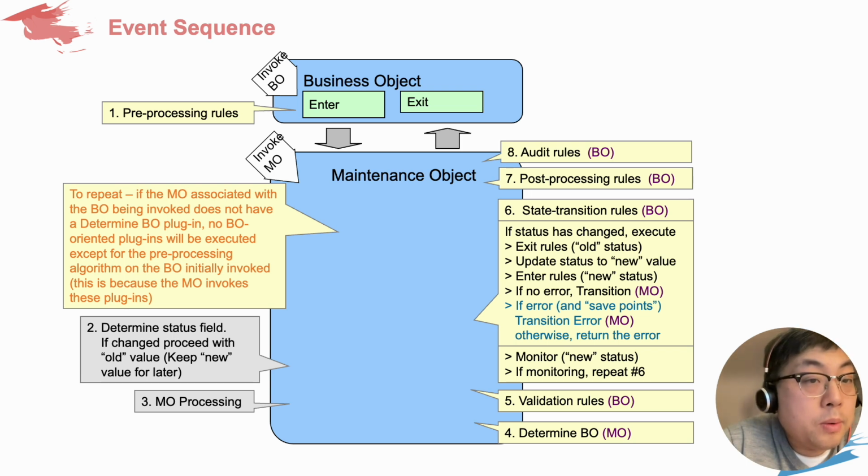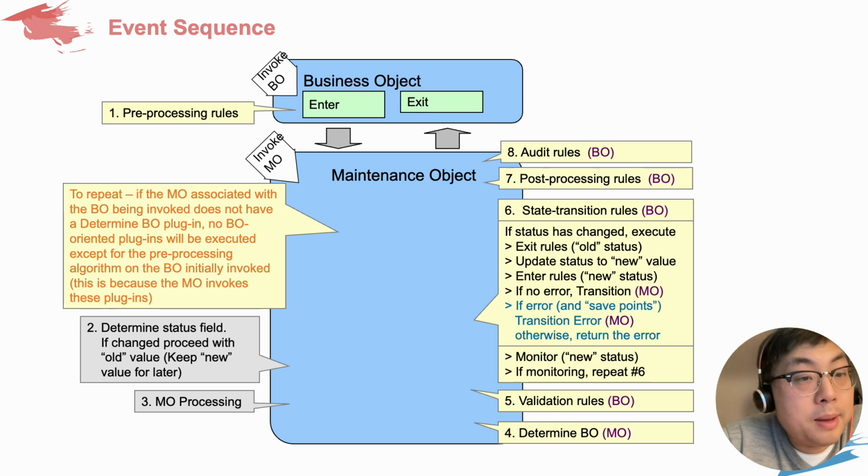So the first thing that runs when you call a BO or run an algorithm on the business object is the pre-processing rule for the business object.